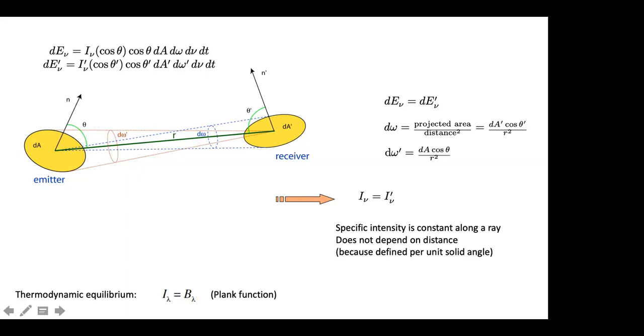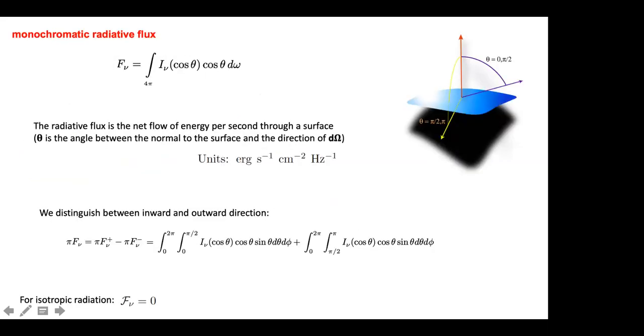The star gives but does not receive, so it's not in thermodynamic equilibrium. But this is the star as a whole. The atmosphere could be different. The atmosphere could possibly be approximated in thermodynamic equilibrium in a good way. So we must remember this. Another definition is the flux.